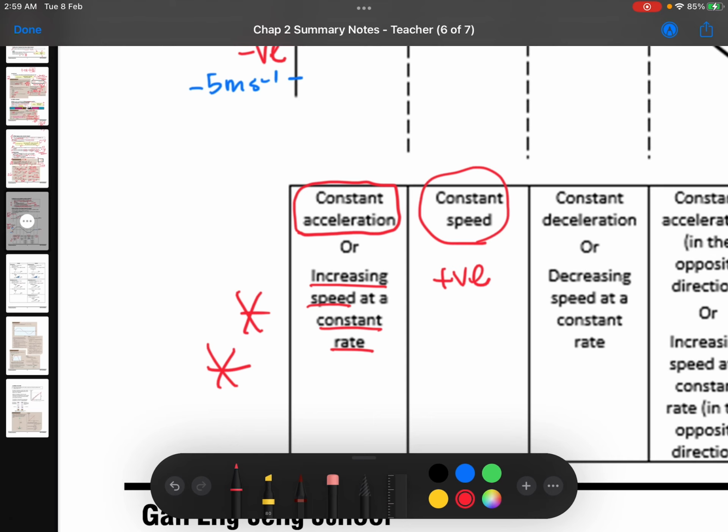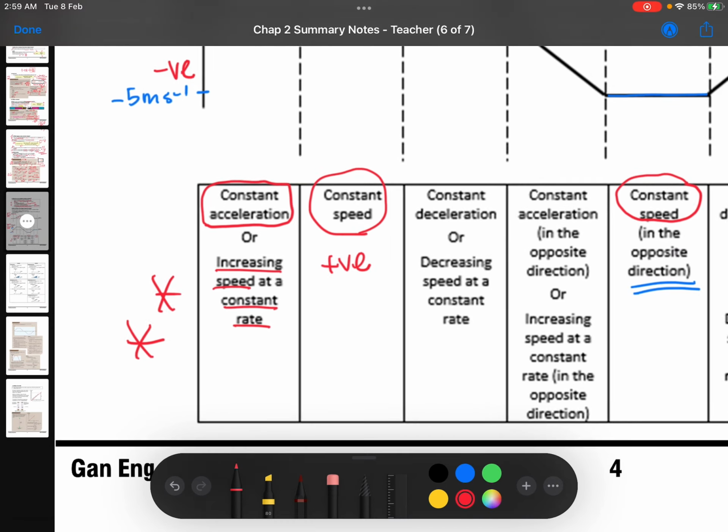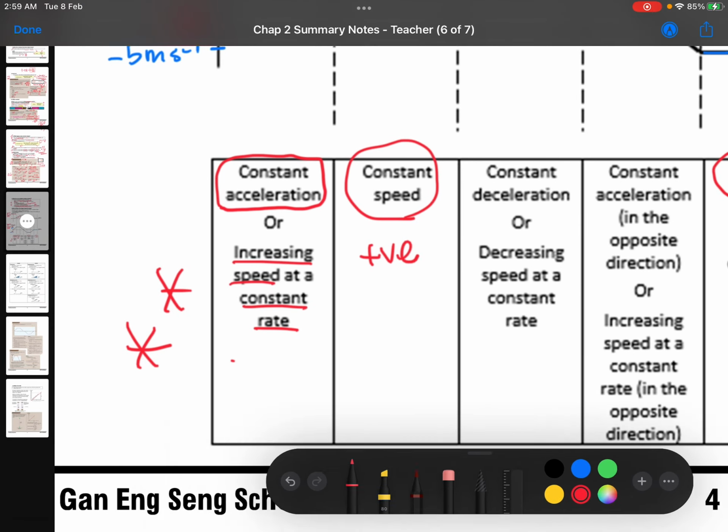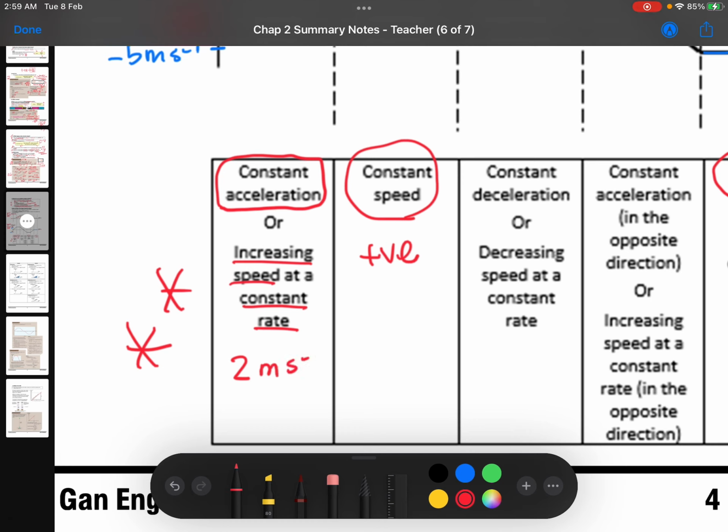Then the next interval, it becomes 6 meter per second. So we are talking about increasing speed. This increasing speed has a constant acceleration of 2 meter per second squared, for example. That means at every second, it increases by 2. So it starts with 0, then the next is 2, after that 2 increases by 2 to 4, and 4 increases by 2 to 6 meter per second.